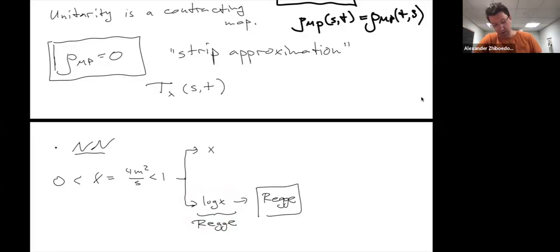And so for the neural network, it helps if you create a subnetwork which learns the Regge limit, and then you create a subnetwork which learns, say, intermediate energies.